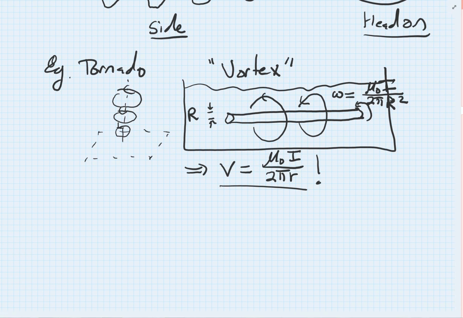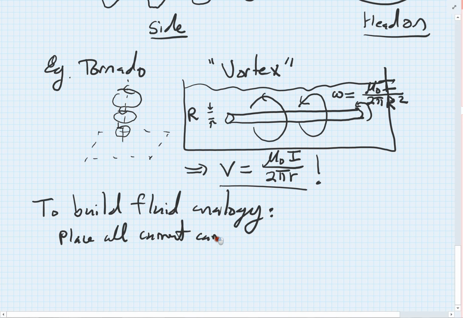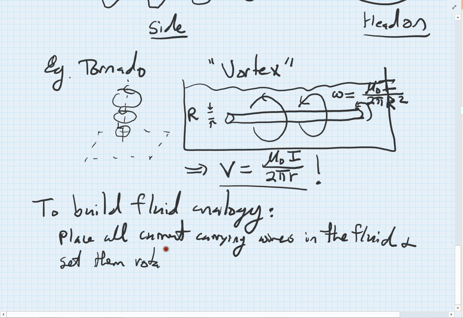So the bottom line of this model is that to build the fluid analogy, you place all current carrying wires in the fluid, and set them rotating at this special angular frequency, omega equals mu naught I divided by 2 pi R squared.